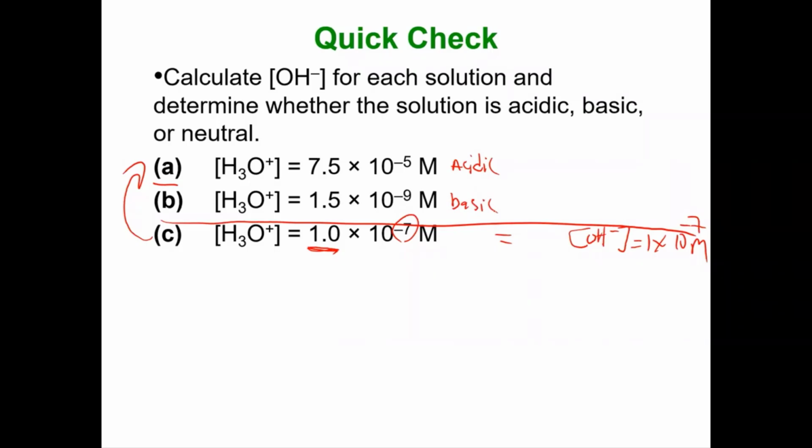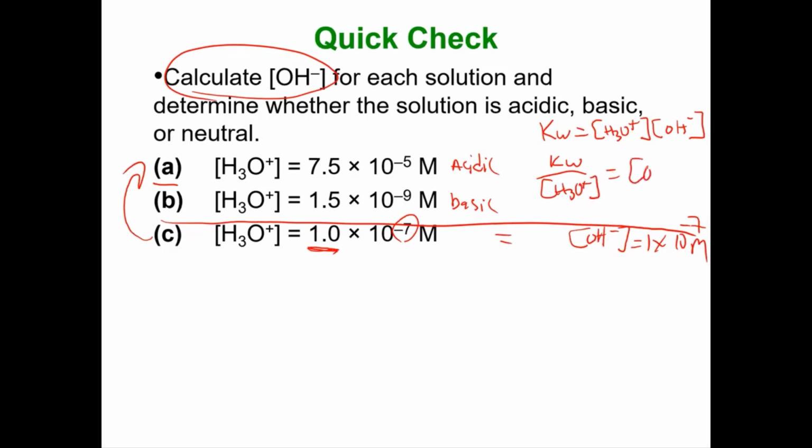And you can always double check. They might ask you to calculate hydroxide. And how are you going to calculate hydroxide? Well, we already said Kw is hydronium times my hydroxide. So to solve for hydroxide, just take the value of Kw and in your calculator, divide it by the hydronium concentration.